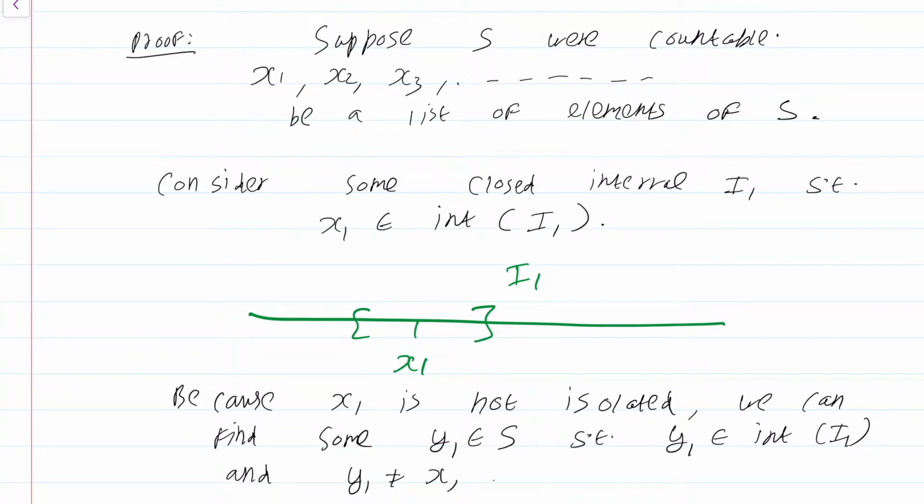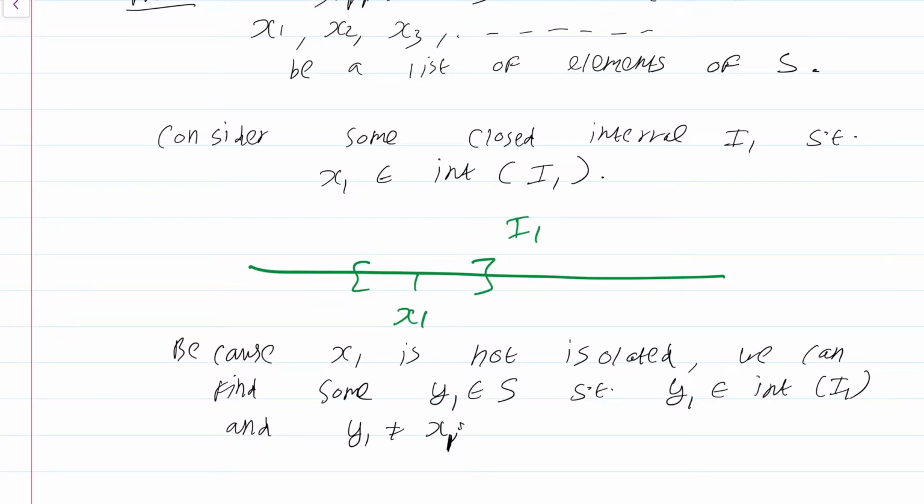Actually, the condition about x2 is not needed; I will do it in the next step. So there will be some y1 simply because this x1 is not an isolated point. I'm choosing this y1 not to be equal to x1. That's what the meaning of x1 being a limit point is.